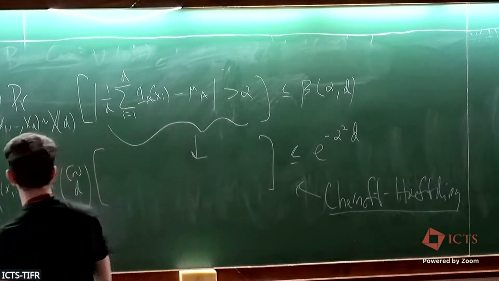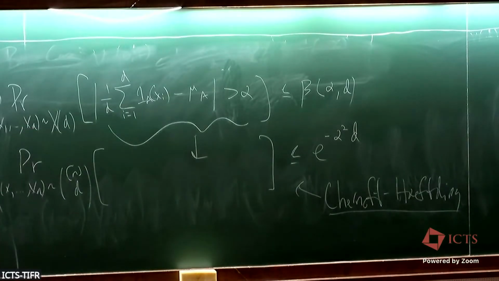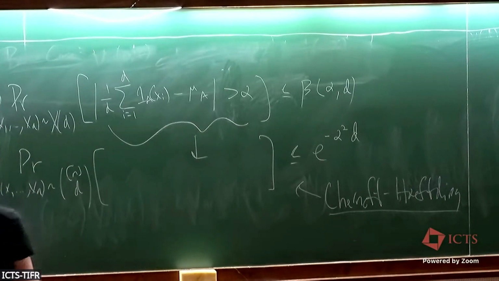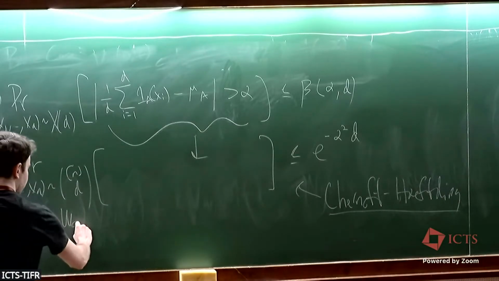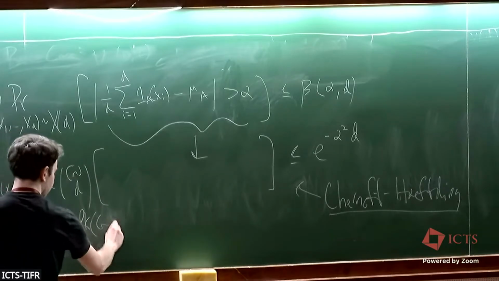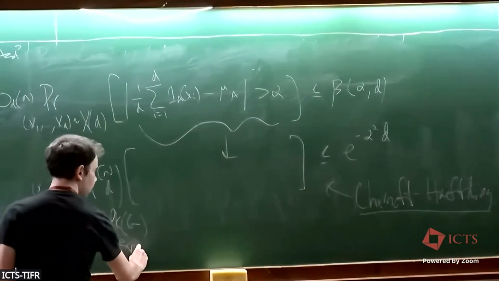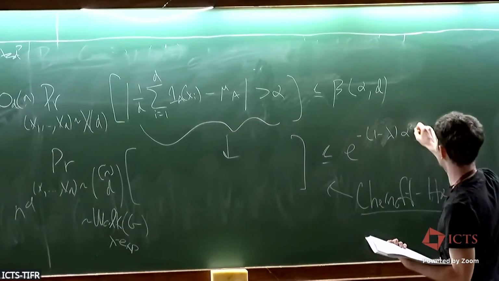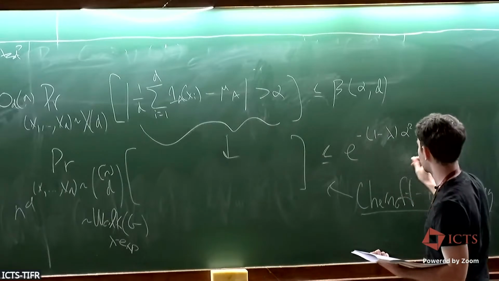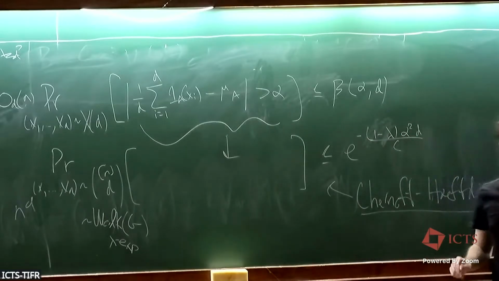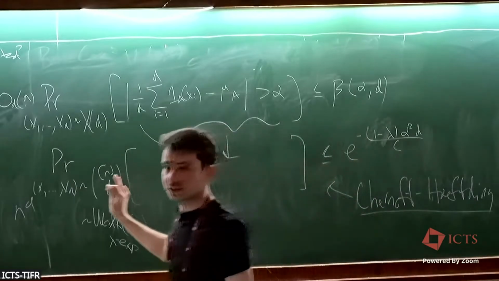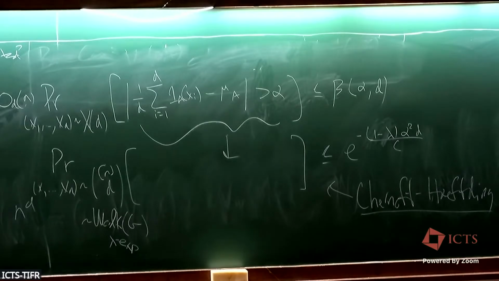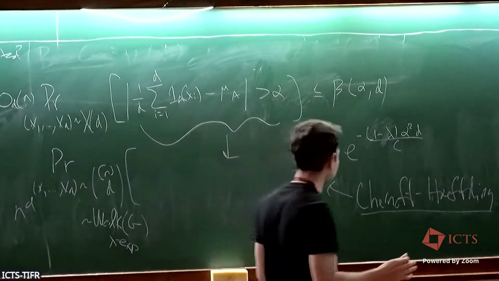If instead of generating these from an HDX or the complete complex, I generate them by taking a walk on an expander graph, a walk on a lambda expander, so this is drawn from the set of walks on some lambda expander G, then Dinur mentioned that you get some bound like e to the minus (1 minus lambda) alpha squared d, up to some constant.